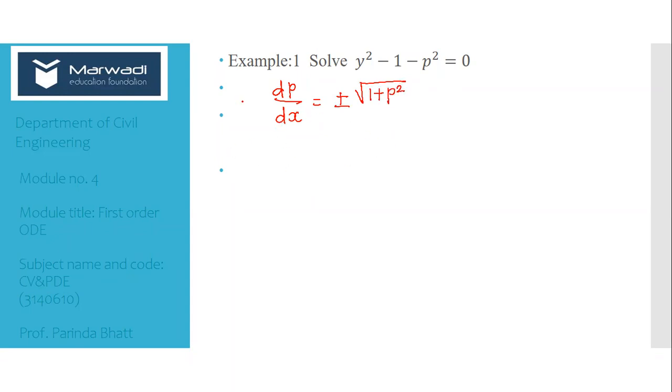Therefore, dp upon root 1 plus p square is equal to plus or minus dx. Now, integrate both the sides.